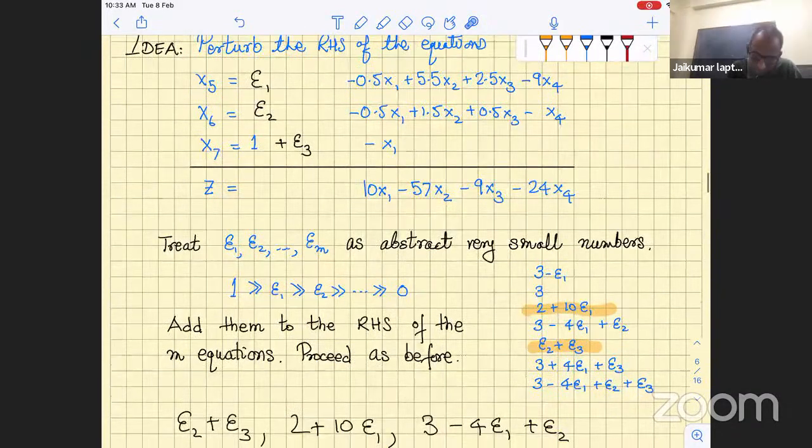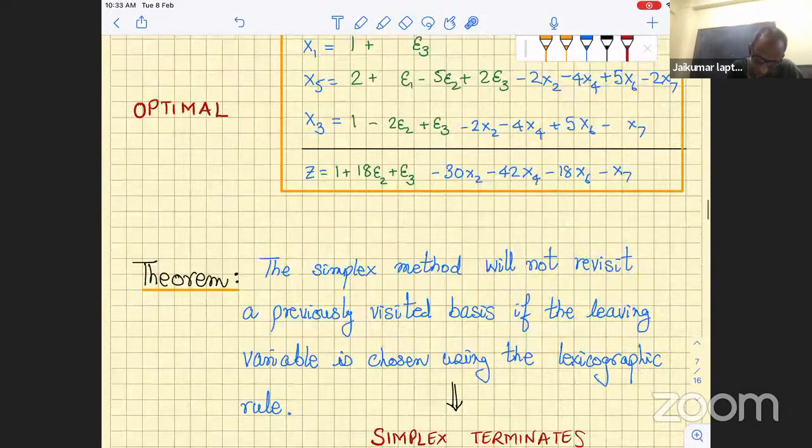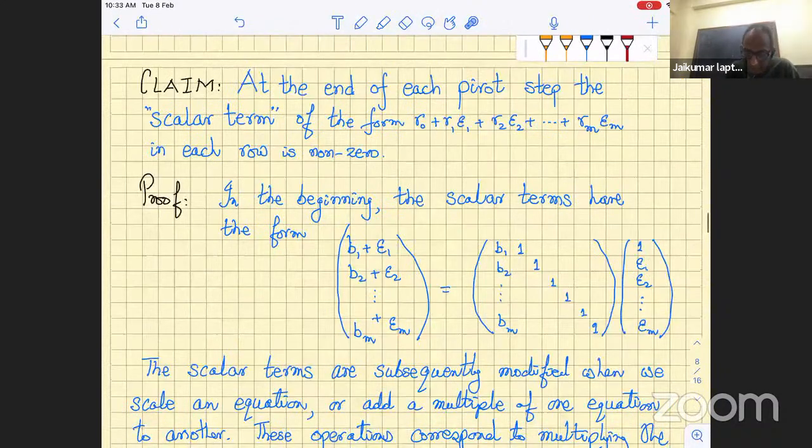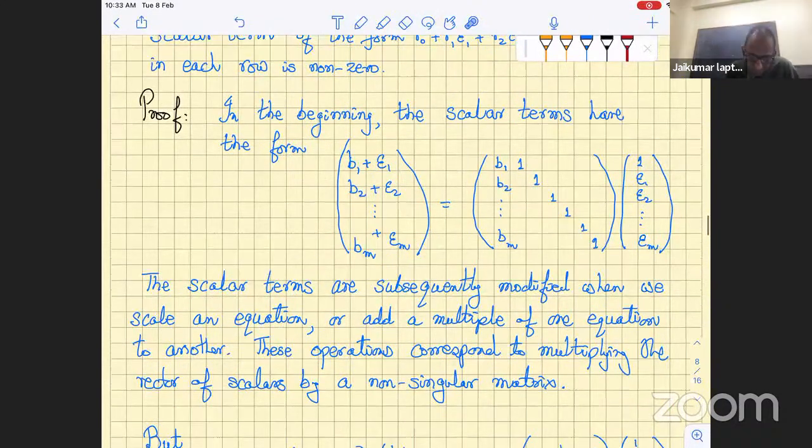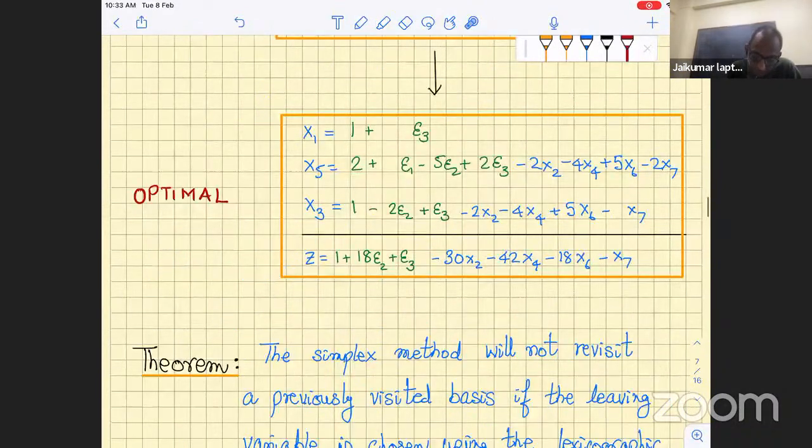So at each step of the simplex method, what are we doing? We are multiplying some equation by a scalar and then adding it or subtracting it from another equation. This is what we are doing. So what is happening to this?